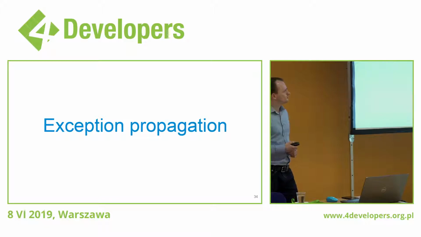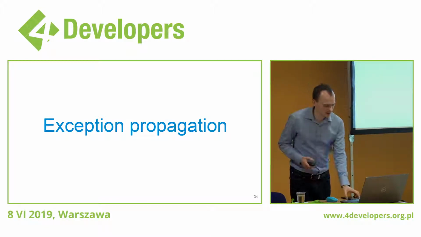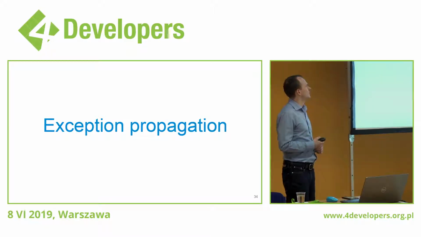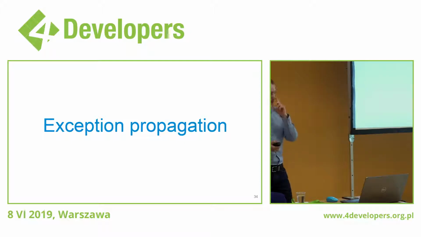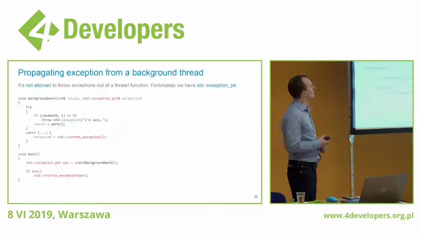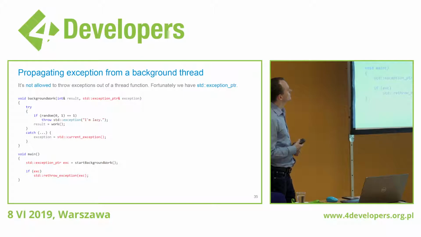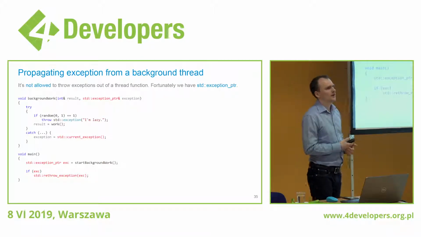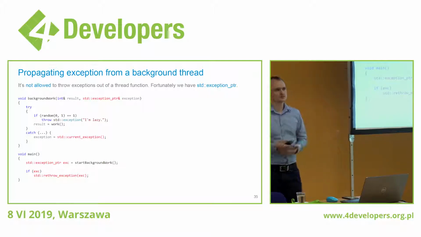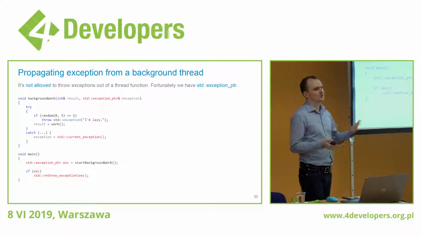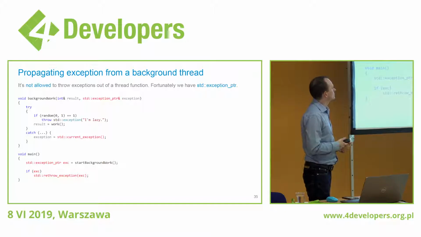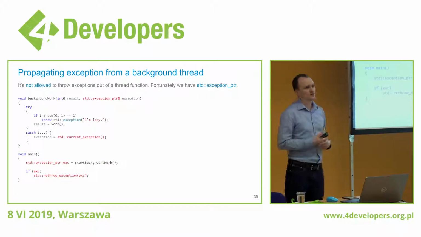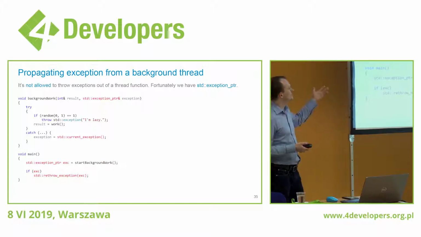Okay, so another thing is exception propagation. So very often we have some background work that can fail. So what can we do then? Well, we have to catch an exception, and we have to do something with it. So we can store it in something called exception pointer.